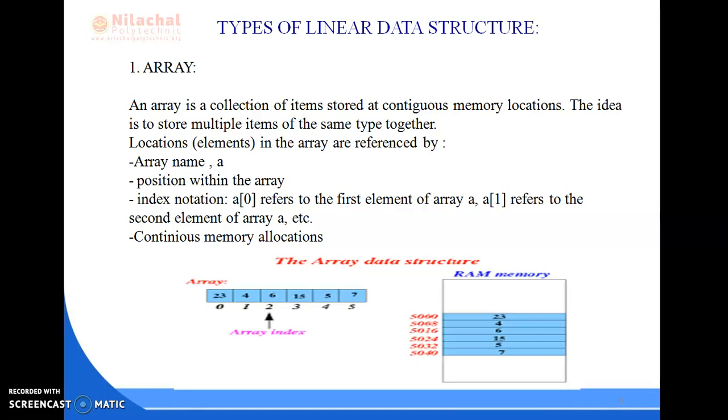An array is nothing but a collection of items which are stored in contiguous memory locations. These items are of the same type. It is an idea of storing multiple data items of the same type together in a contiguous memory location.